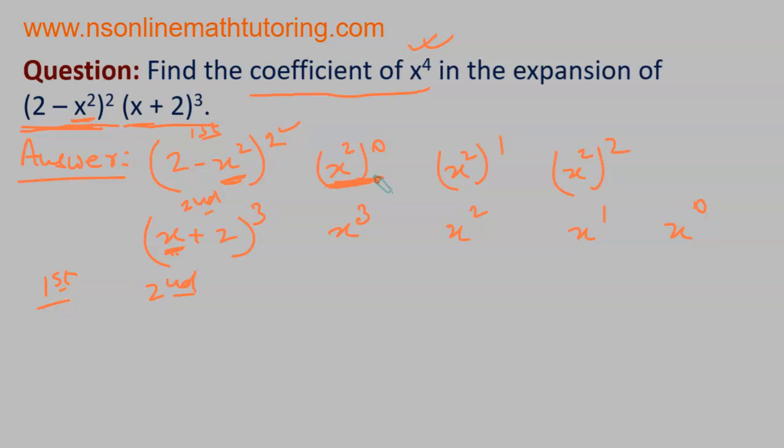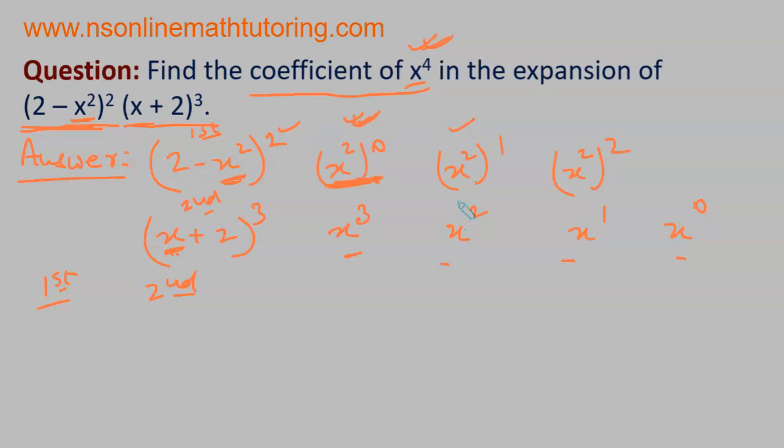Can we multiply this constant term with any of these terms to get to x to the power of 4? Never, because the highest power of x in this expansion is 3. So we cannot take this constant term. Yes, definitely it will get multiplied, but no product will be giving us the power of x as 4. Therefore, we are not interested in this term.